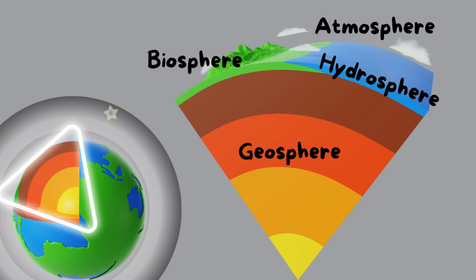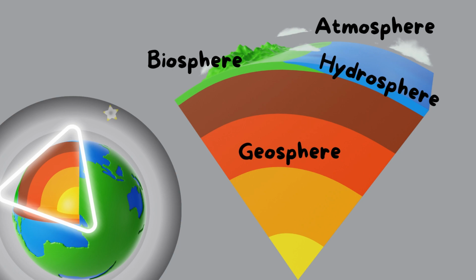Okay, here is another diagram that shows us that the Earth has a sphere shape. So if we take a cross section in it, we will see that the outer sphere represents the atmosphere. Then we have biosphere, and then hydrosphere, and the ground is called geosphere.